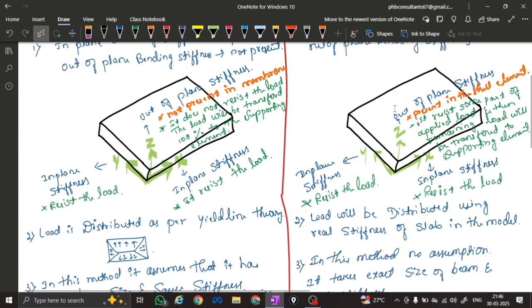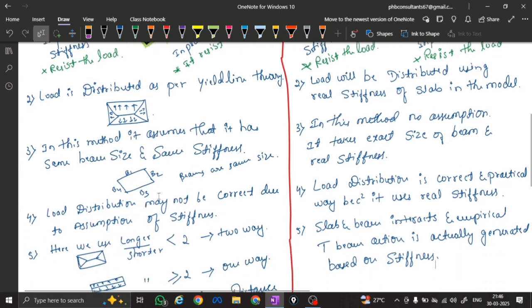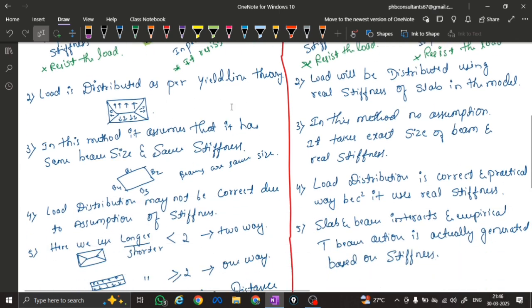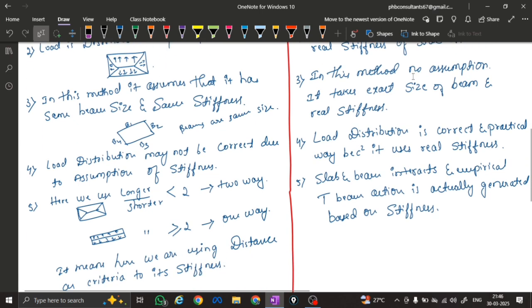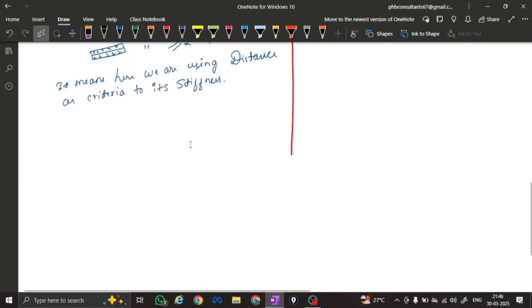Here first it will resist some load and then it transfers to the beams. Okay. So you can see the load distribution is as per yield line theory. You know the yield line theory, and here it is based on stiffness of the beams and slabs. So like this we have the differences.